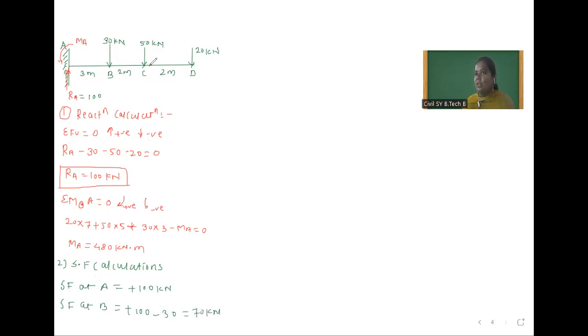After that, we will calculate at C. Shear force at C: in between B to C, no force, so it is constant up to C, plus 70. And at C point, downward 50, so subtract this 50, which is equal to 20 kilonewton.